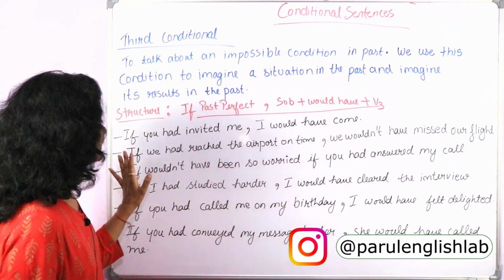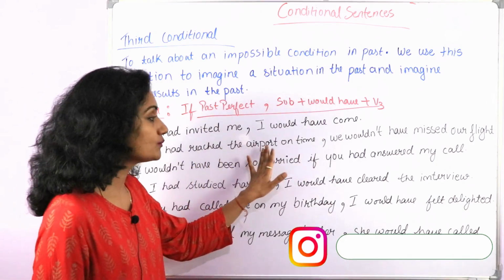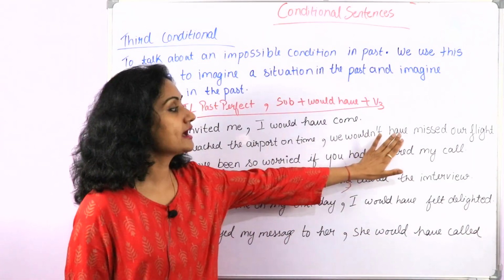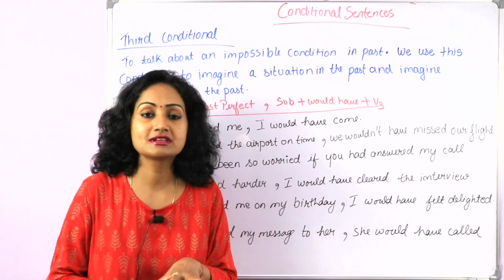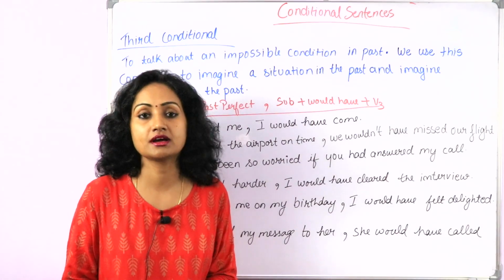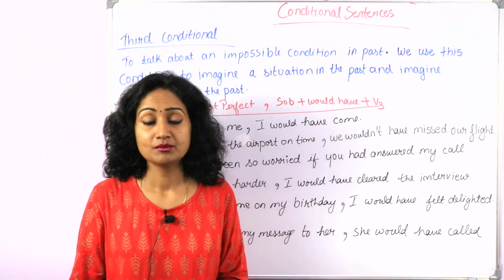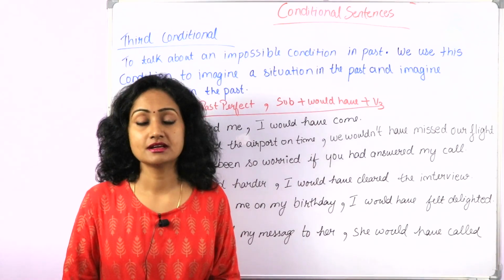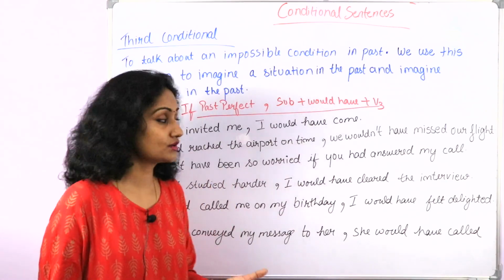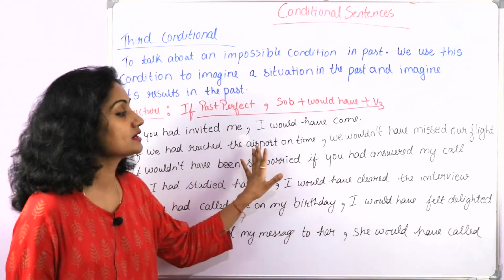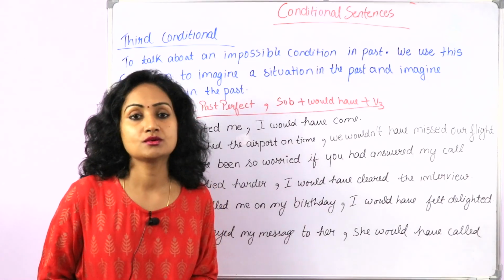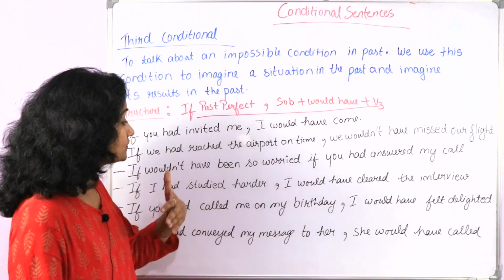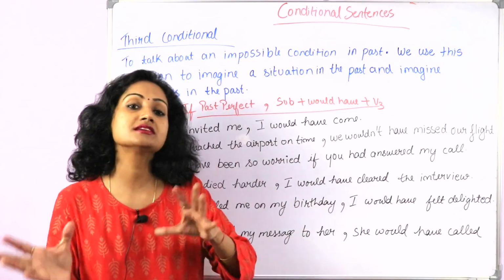Now next is, if we had reached the airport on time, we wouldn't have missed our flight. So right now I'm standing at the airport and I am regretting because I missed my flight, and I am saying right now that if we had reached the airport on time. We didn't reach the airport on time. We were late. So now we are imagining about a past situation.